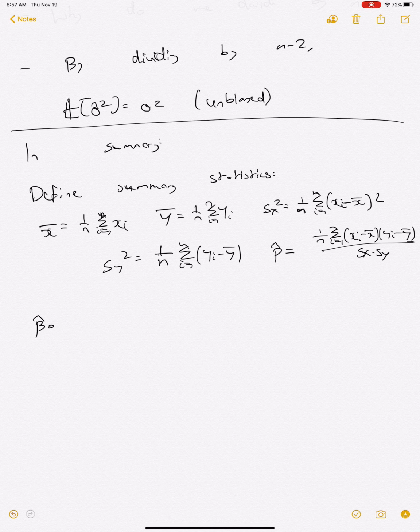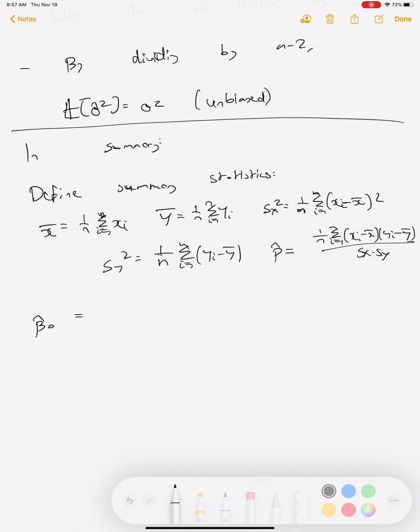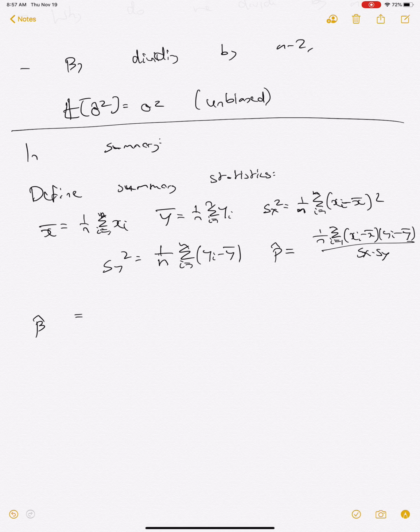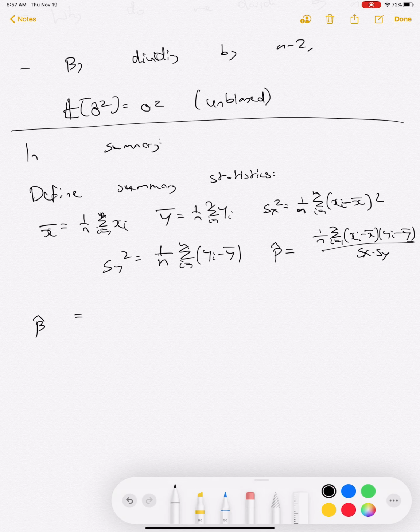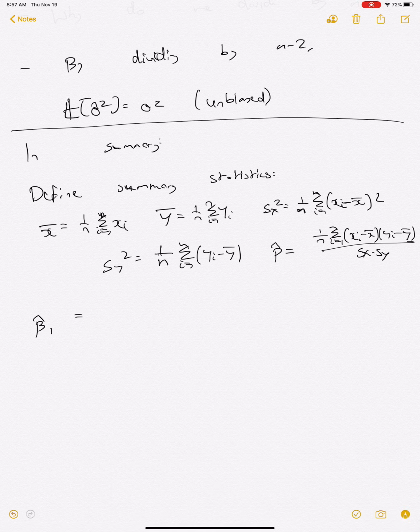beta hat 1, I will start with beta hat 1. Beta hat 0 is just, and I'll just write it out explicitly.